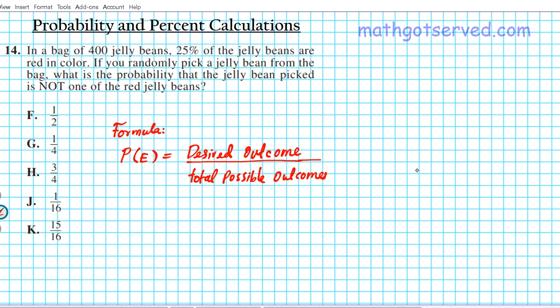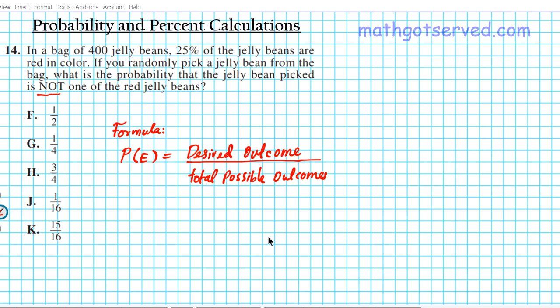All right. So in this particular case, we're looking for the probability that a selection will not be a red jelly bean. Okay. So if there are two possible outcomes for an experiment and the probability of one is x, then the probability of the other is simply going to be 1 minus x.